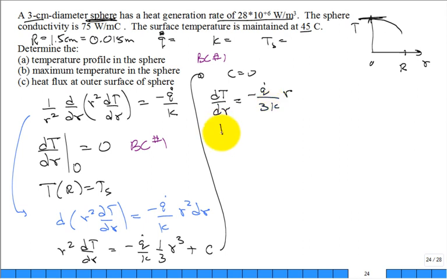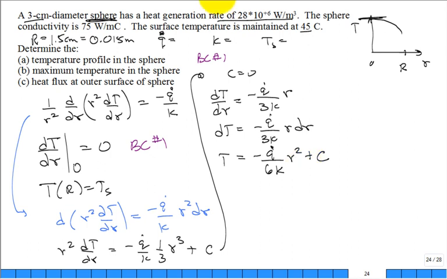Now we'll separate. dT is equal to minus q dot divided by 3k r dr. Now we integrate. T is equal to minus q dot, and here is 3 times 2 is 6k, r squared plus another constant. I'm not going to work with C1, C2. It's just a new constant of integration.